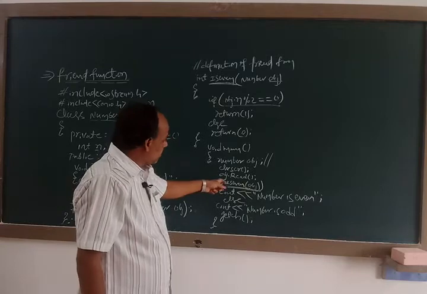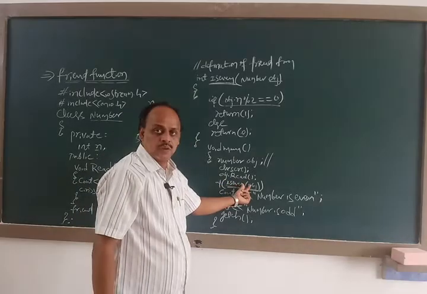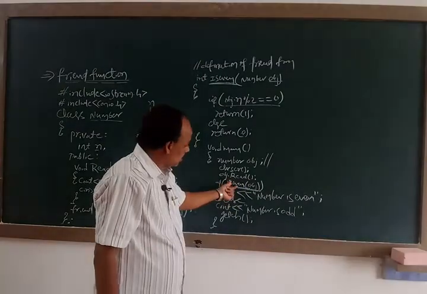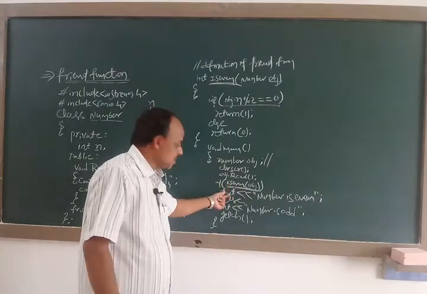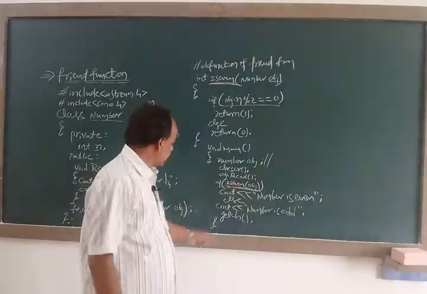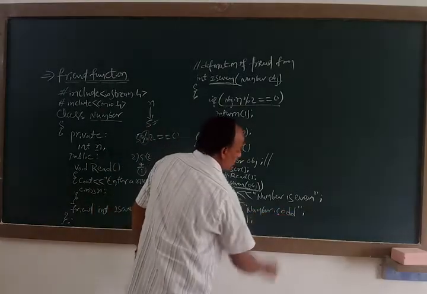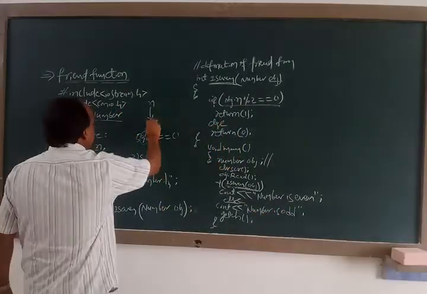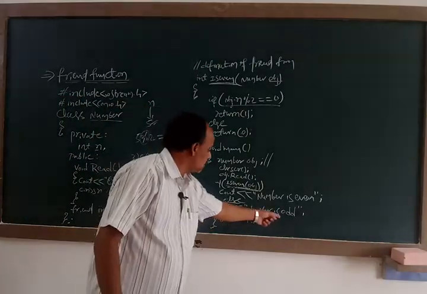So is_even of object gives 0. If of 1 means the first branch, if of 0 means else. What is there in else? Number is odd. 5 is odd, so we get number is odd.